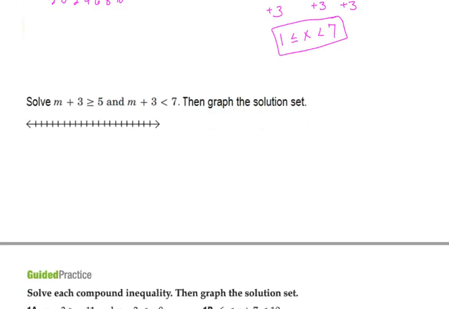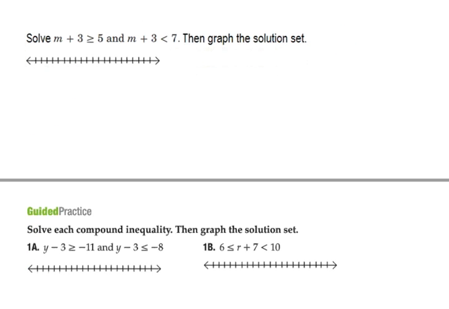This next problem is an "and" statement and an intersection, but they actually have the word "and" in there. So we're going to solve each one individually. N plus 3 is greater than or equal to 5, and n plus 3 is less than 7. We're going to have to figure out how to put those two together. So let's do a quick solving.